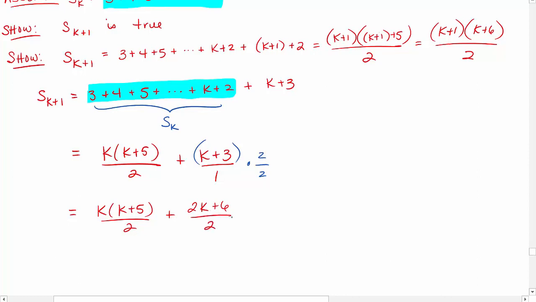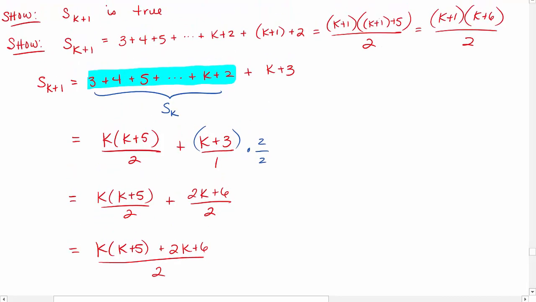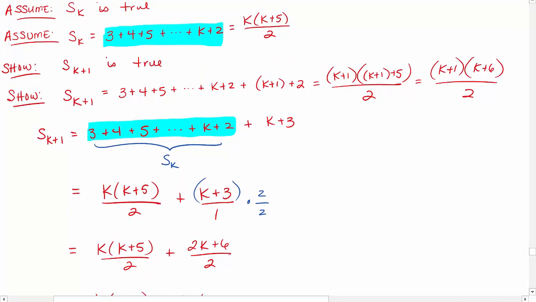And now that we have our common denominator, we can go ahead and add our numerators together and put it over our common denominator. Now remember our goal. We're trying to get to this right here.